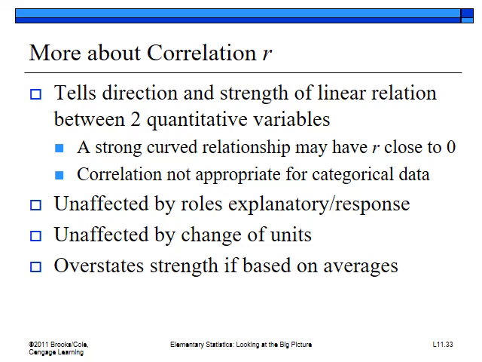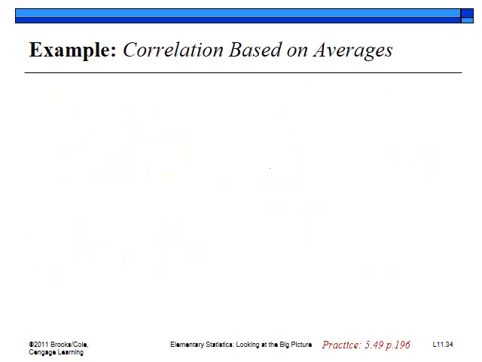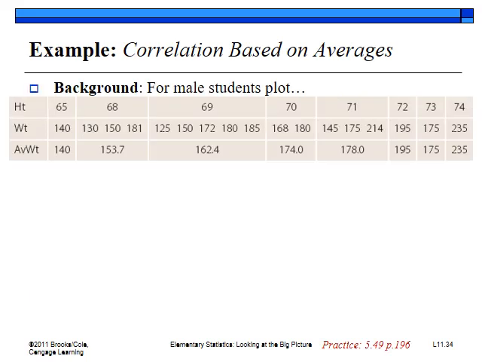Finally, let's look at how R can overstate strength if it's based on averages. Here's a set of data for male students, height versus weight. But here, for each height that gets repeated, you can see, for example, for a height of 69 inches, there are 5 students. Here are their 5 weights: 125, 150, 172, 180, and 185. The mean of those 5 numbers is 162.4.